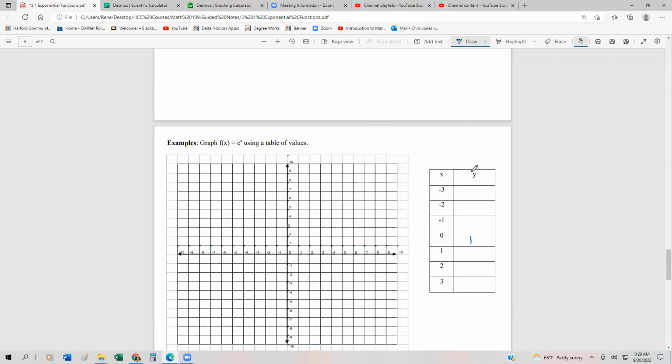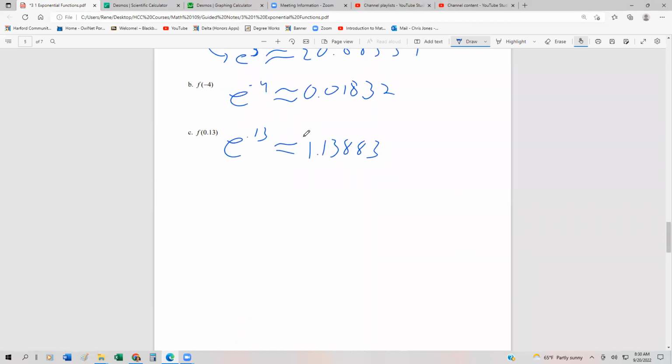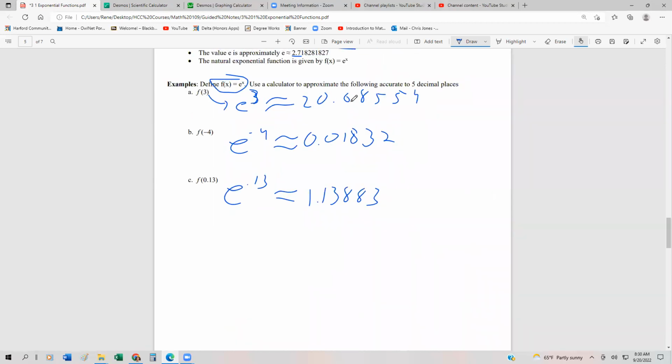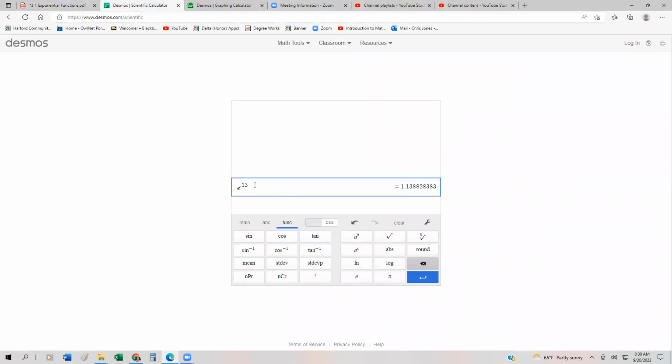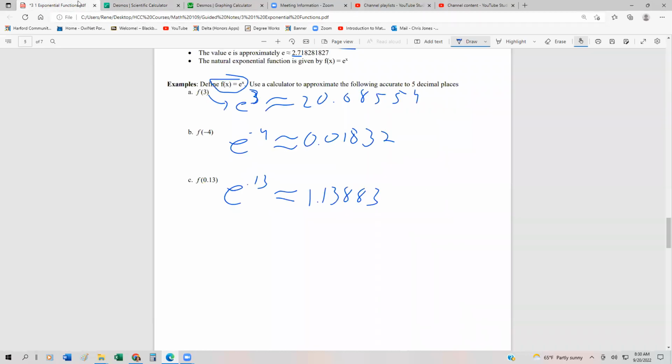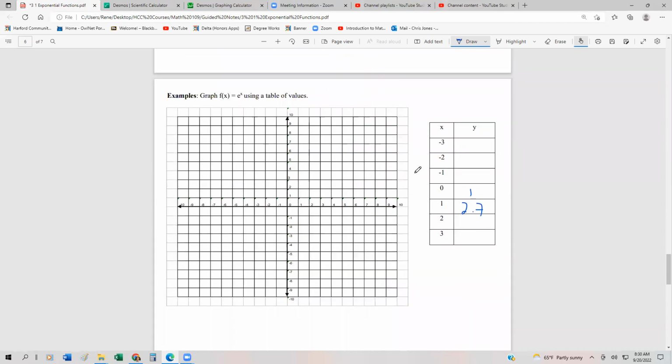At 3, let me go back into the graphing calculator and do e cubed. It's 20.1, which is going to be off our screen, which we're not going to worry about.